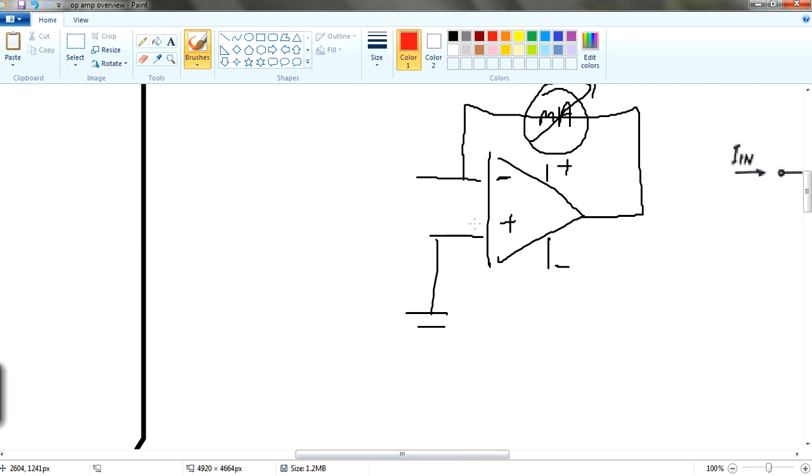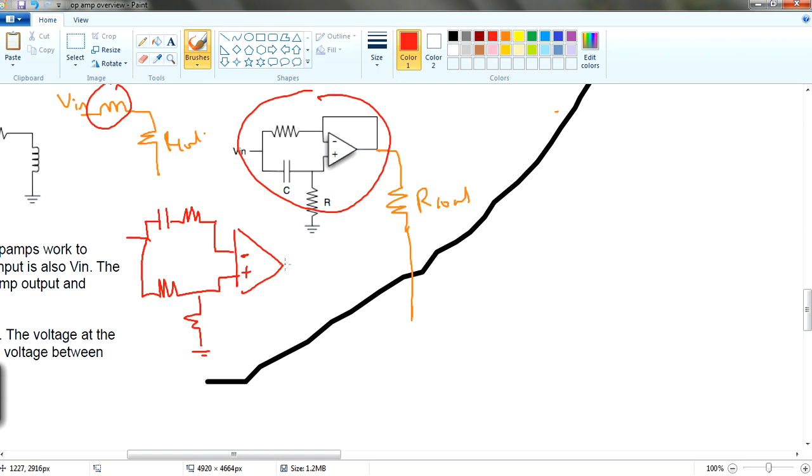And then I have a feedback over here, and this is the thing. So I'm just simply bringing up this capacitor over here, and then I implement another resistor. Alright, so these are the two configurations.